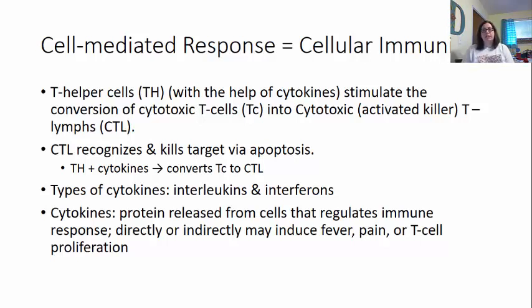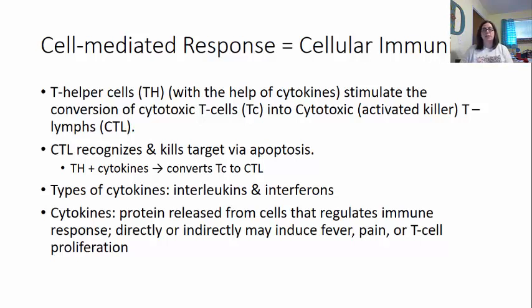These activated killer T cells are going to recognize and kill the target cells through apoptosis. Apoptosis is programmed cell death. So it causes that cell to kind of sacrifice itself in order to provide protection for the rest of the organism.